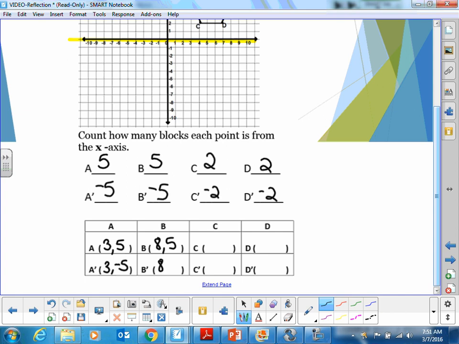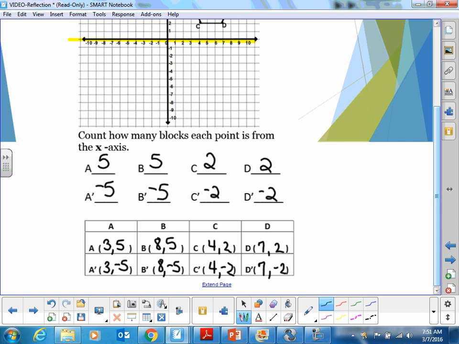So it would be at 8, negative 5. C would be at 4, 2. And when we reflect it, the 4 stays the same, and the sign changes on our y, so it's 4, negative 2. With D, it's 7, 2. Reflect it, 7 stays the same, and the sign changes for our y. And that's as simple as it's going to be.